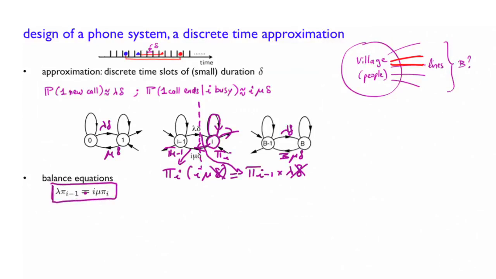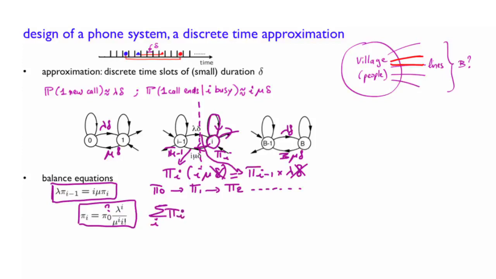So this equation expresses pi of i in terms of pi of i minus 1. So if we knew pi of 0, then we can calculate pi of 1, and then in turn calculate pi of 2, and so on and so forth. And the general formula that comes out of this, after some algebra, is given by this expression, which involves pi of 0. Now, what is pi 0? Well, we can find it by using the normalization equation, the summation of pi i equals 1.